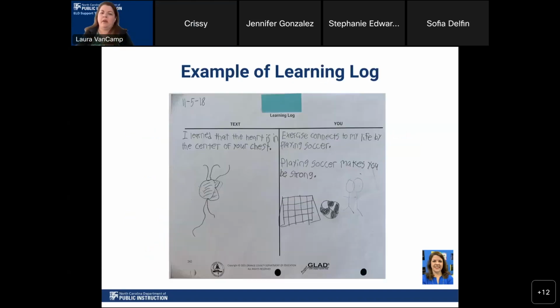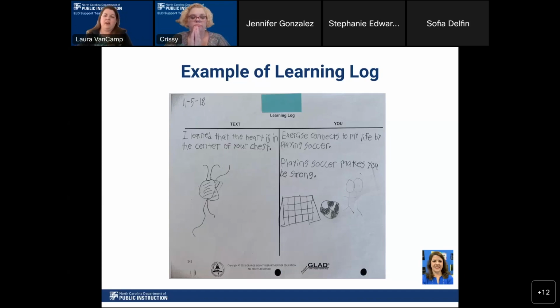This is an example of one of my students. I was doing a unit about being healthy, and we talked about the circulatory system. We talked about exercise and vitamins, minerals, proteins, carbs, lots of really great information. This was a 4th grade standard.